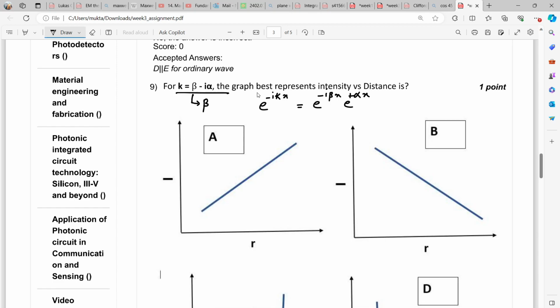Yes. So this will contribute to the phase, the oscillating part of the light wave, and this will contribute to the amplitude.